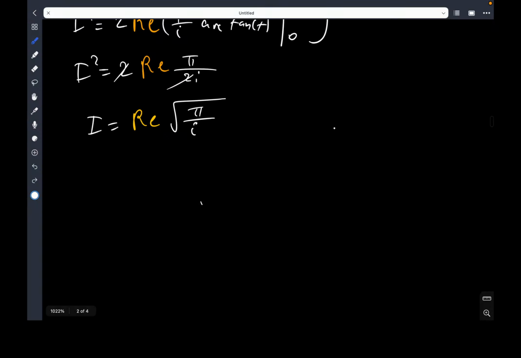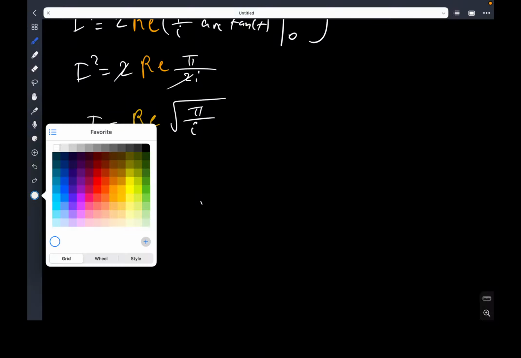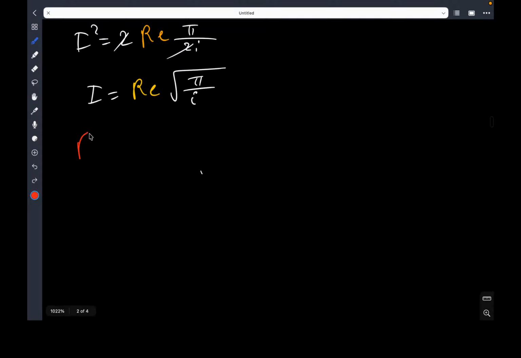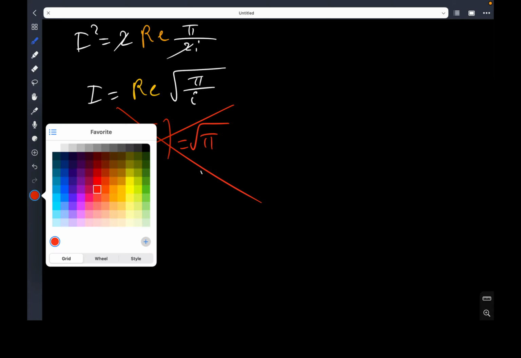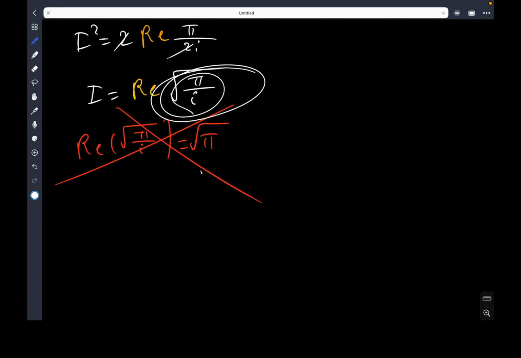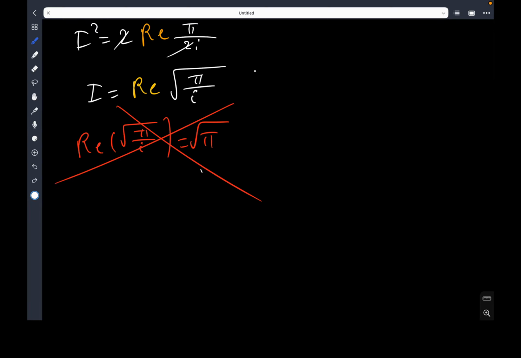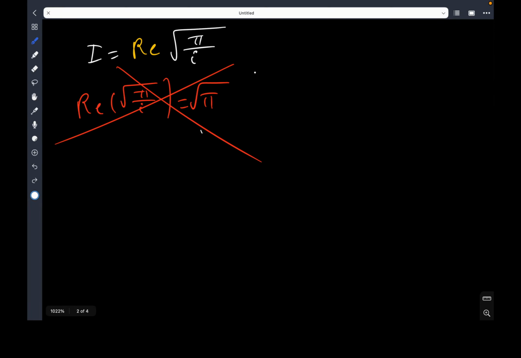Now, we got a problem here. We cannot say the real part of root pi over root i is root pi. This is wrong. Instead, we have to have this thing here as a complex number. So I'm going to use a trick here.